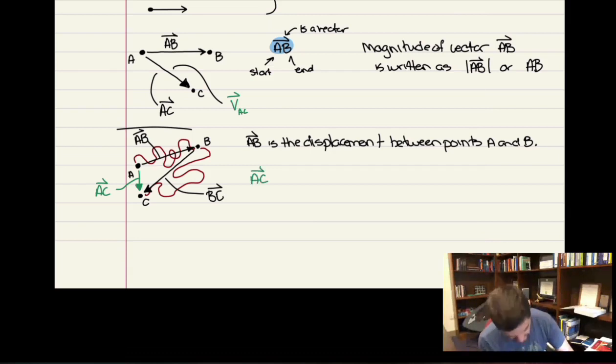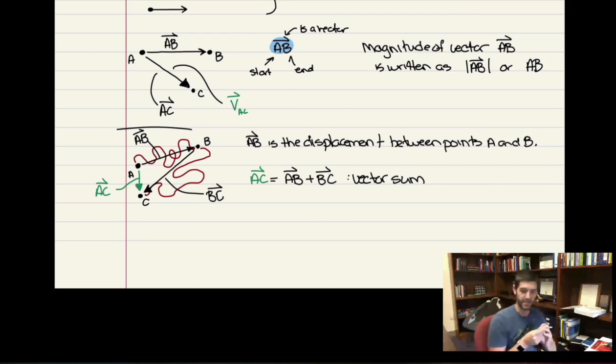So this is what defines the addition law for vectors: the vector AC, start at A, end at C, is the same thing in this case as start at A, go to B, and then start at B and go to C. So this is the vector sum rule. Again, the sum of all my intermediate steps gives me the same answer as if I had just started at my starting point and gone directly to my end point, which I think intuitively makes sense.